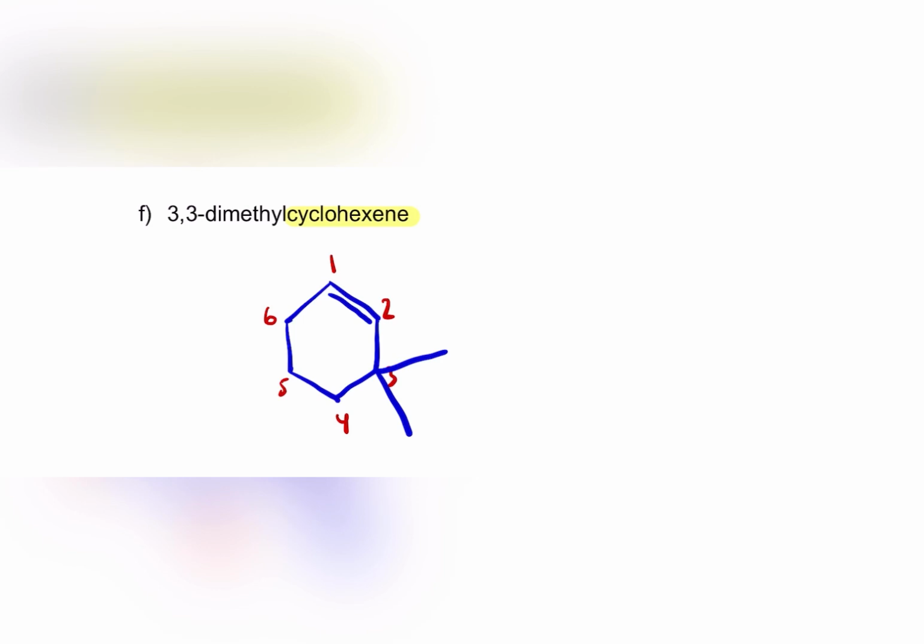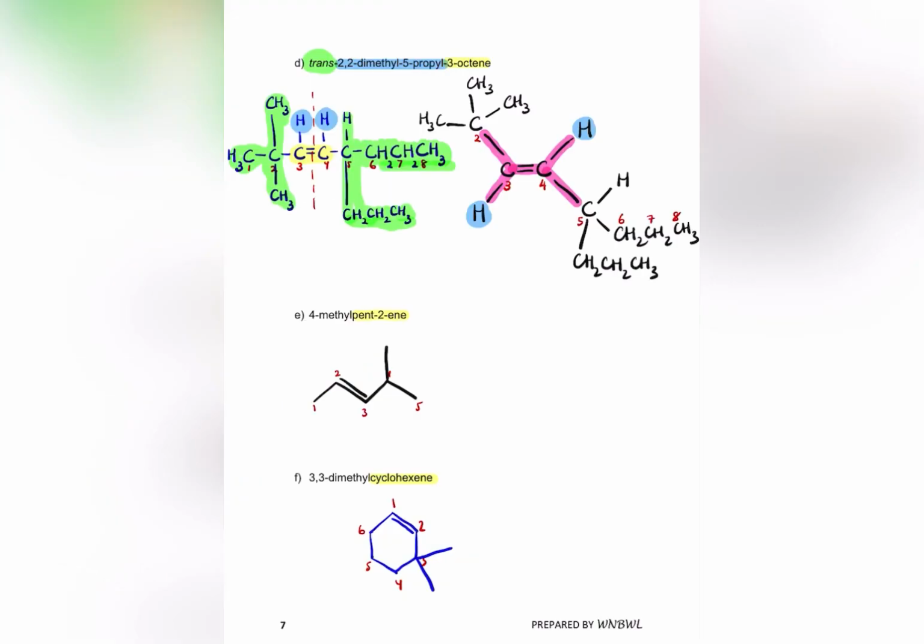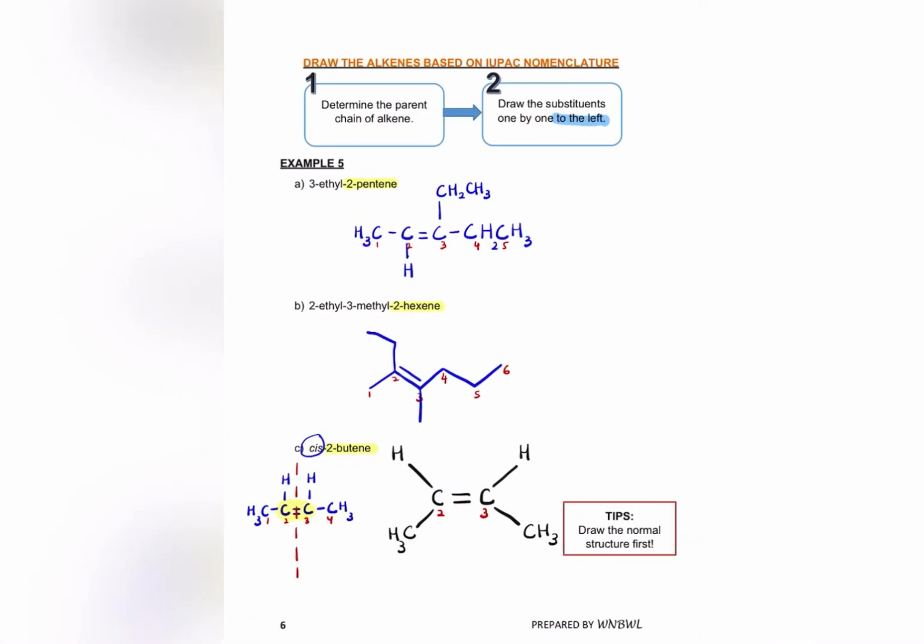So I hope you are clear with the drawing of alkene. It is a bit confusing if you don't look carefully, and make sure you determine the correct parent chain first. And then especially for cis and trans, make sure you draw the normal structure first, like what I showed in structure D and structure C. Draw the normal one first and then follow step by step how to draw the correct one.